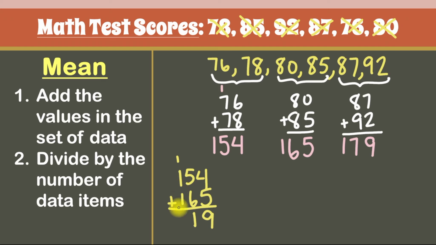And 2 plus 1 equals 3. So far we've got 319. We've used the 154, we've used the 165, but we haven't used the 179 yet. So I'm going to write 319 up here so I have some room, and I'll add 319 plus 179.